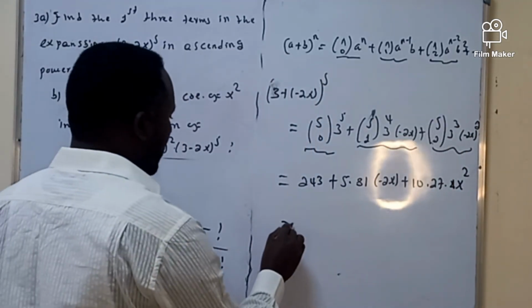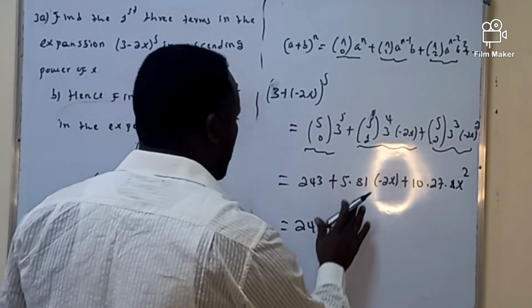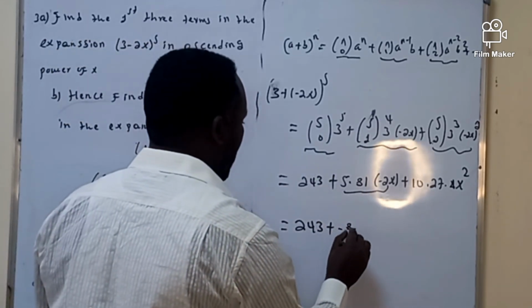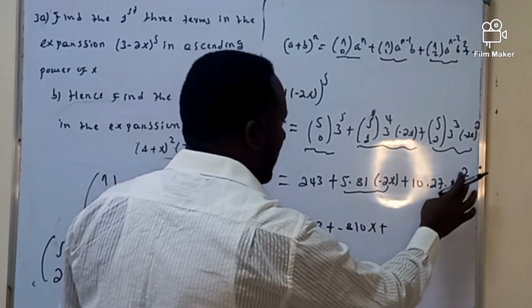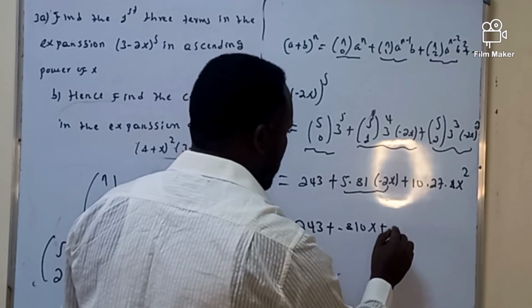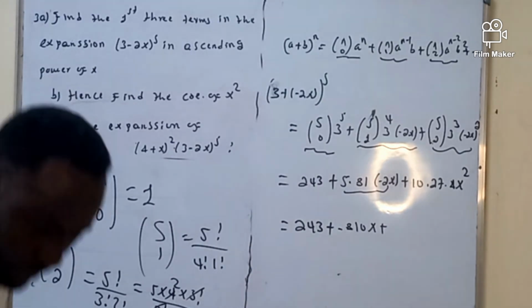And this is exactly 243 plus, we have to multiply these all together. This 10 times negative, 810x plus, this is 40 times... Let's first of all multiply this one.